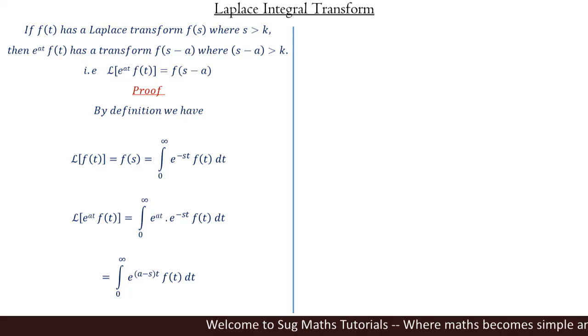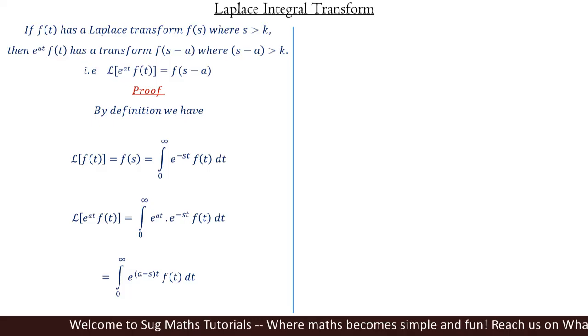Now, let's do it properly, because in the definition of the Laplace transform, we have e raised to the power of minus st. So let's factor out minus so that it will look like the definition. So factoring out minus, it means that we are going to rearrange, okay?